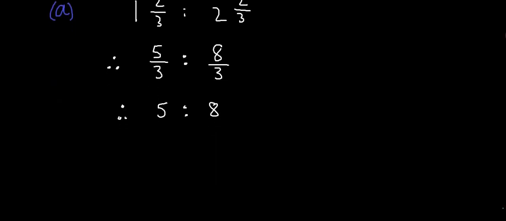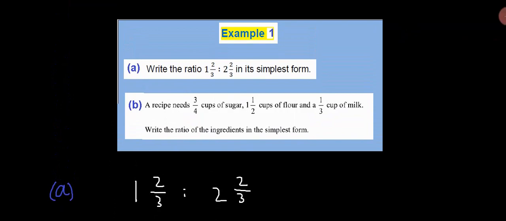Let's look at B. It says a recipe needs 3/4 cups of sugar, 1½ cups of flour, and 1/3 cup of milk. Write the ratio of the ingredients in its simplest form.